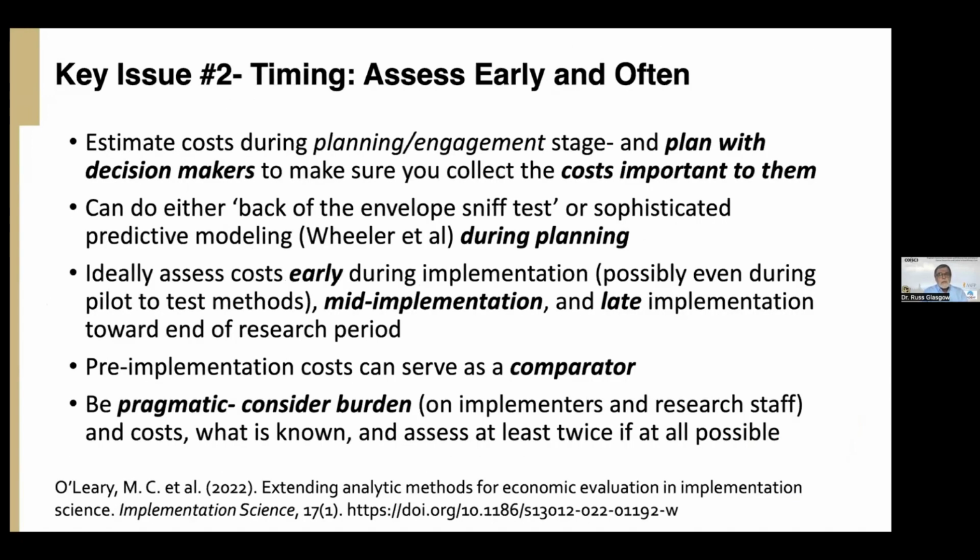Another take-home message is to assess costing early, maybe even before you start implementing, and as often as is pragmatically feasible. I emphasized at the top here the planning and engagement stage.